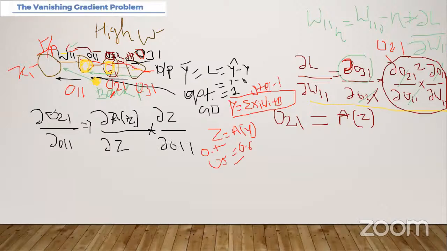I'm trying to take the same thing, O21, and just multiply and divide the term by the same thing, which is dz, the derivative of Z. In this case also you can understand, right?